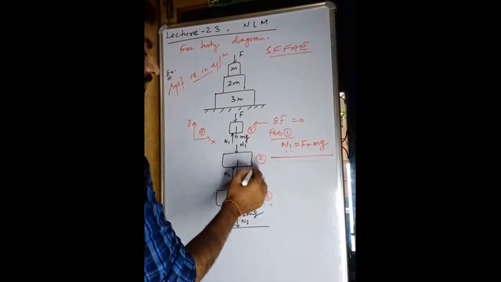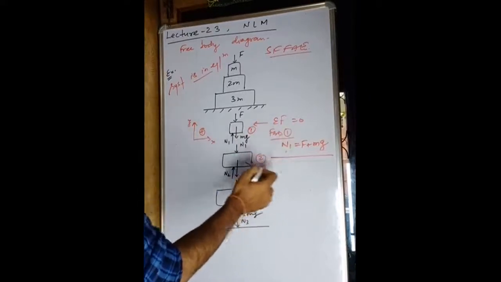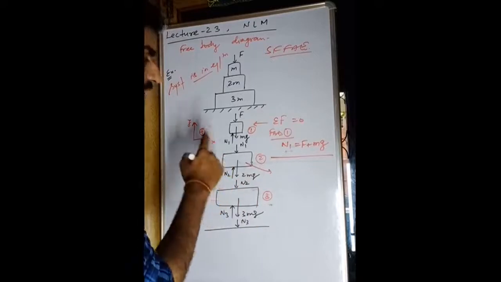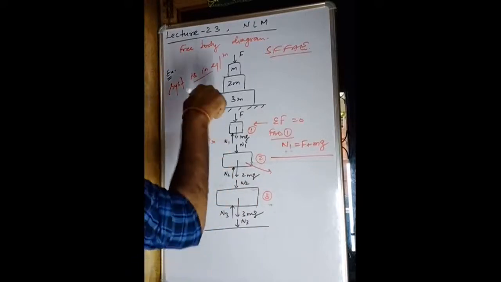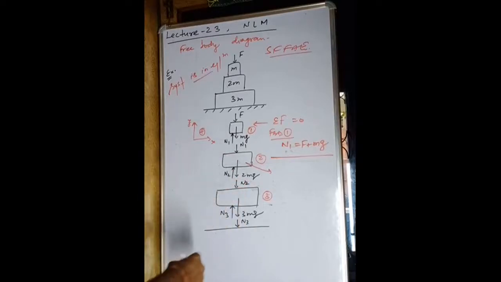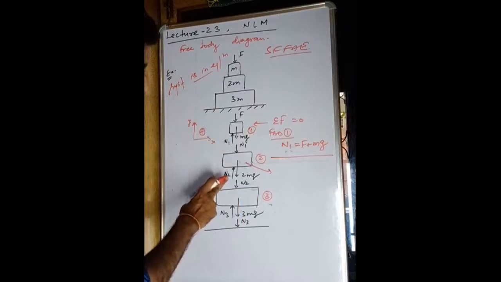Now, for free body diagram 2, let me solve it. All the forces in the upward direction will be positive, and all the forces in the downward direction will be negative. If you add those forces, it will equal 0. It means the positive ones equal the negative ones. Now, the force in the upward direction is N2.